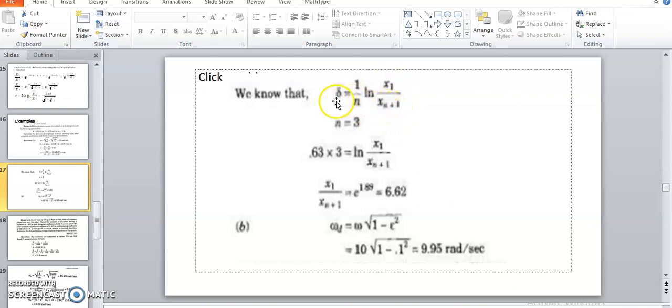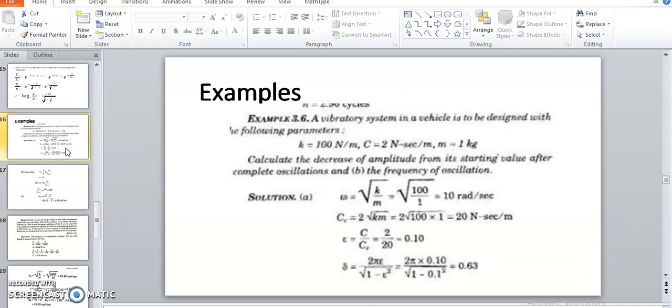This we know, and from this ratio we have to calculate this n value. So by putting this delta value into this equation, now this formula is slightly modified, as 1 by n.